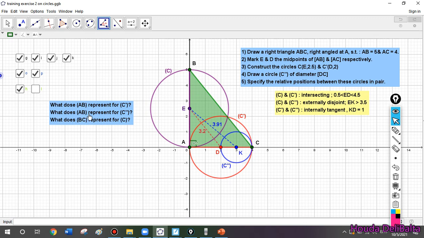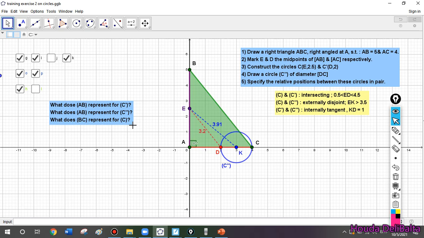What about AB and C double prime? The blue circle is C double prime. The line AB is definitely exterior to that circle C double prime. So let me close this, okay. That line AB and C double prime, that line is an external line to C double prime.